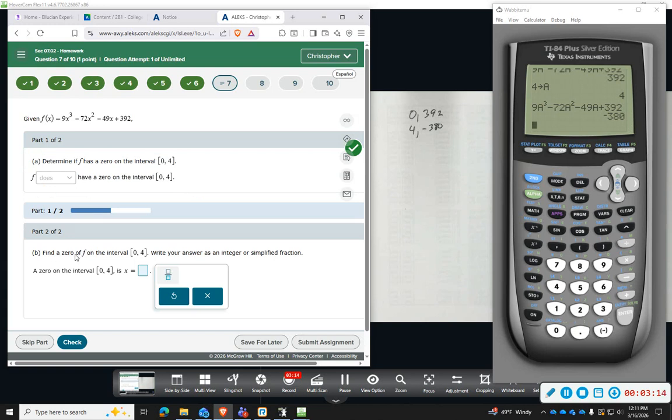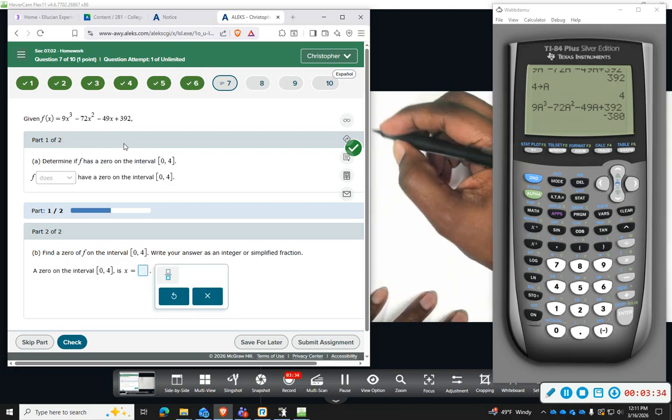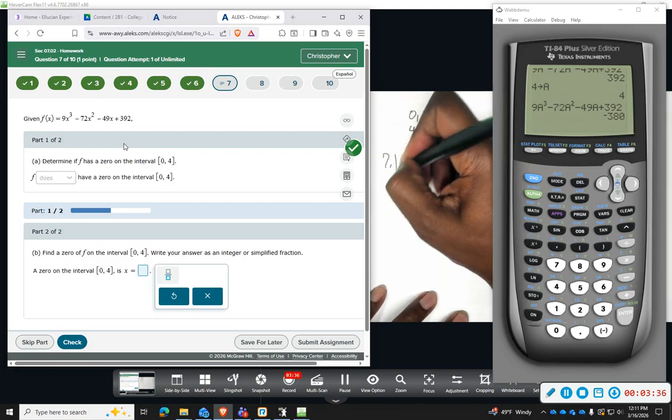And then it says find the 0. So if we want to find the 0, we can factor this function by hand. We could graph it and see, but factoring might be the best way for us to do so here.